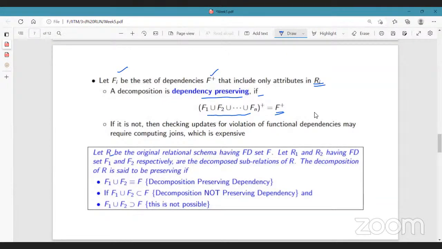Let R be the original relational schema having FD set F. Let R1 and R2 having FD sets F1 and F2 respectively be the decomposed subrelations of R. The decomposition of R is said to be preserving if F1 union F2 is equivalent to F.